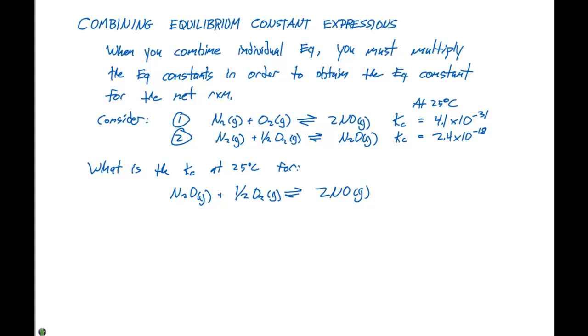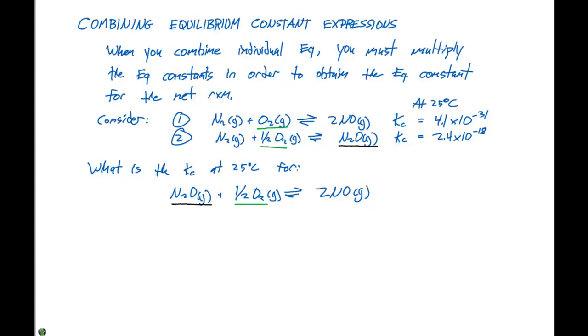If we look here, N2O shows up as a reactant in the case we're solving for, and as a product in the initial set of reactions. The O2 gas shows up here and in two places up here.